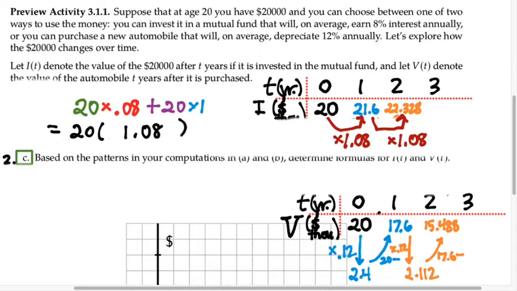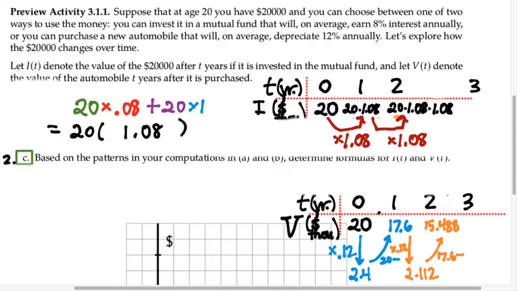And so after 1 year, this 21.6 came from 20 times 1.08. And then a year later, we're multiplying that by 1.08. So 20 times 1.08 times 1.08 is what we have at the end of year 2.